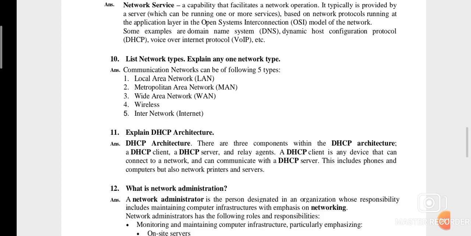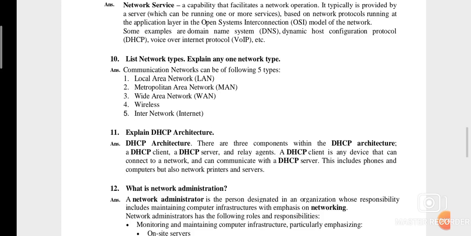We have already seen DHCP architecture in our chapter number 2 with its figure. If it is only a 2 mark question asked in the GTU exam, then you have to write this type of answer. But if this type of question is asked in the GTU exam having 3 marks or 4 marks, then you have to write its description about DHCP client, DHCP server and relay agent with its figure diagram.